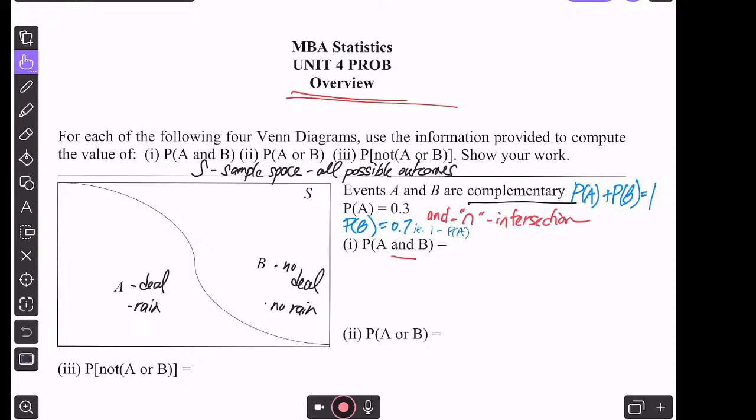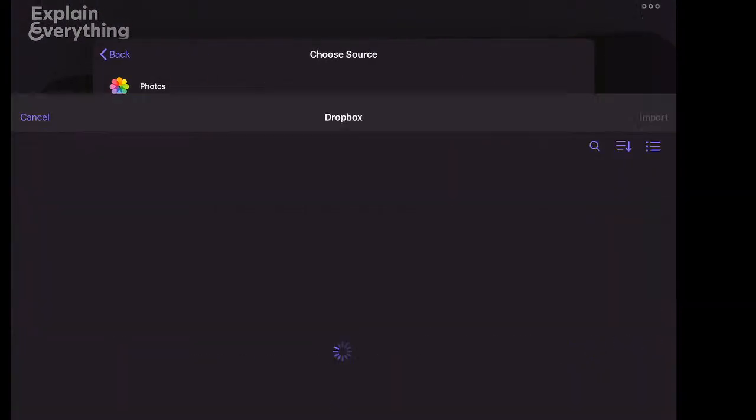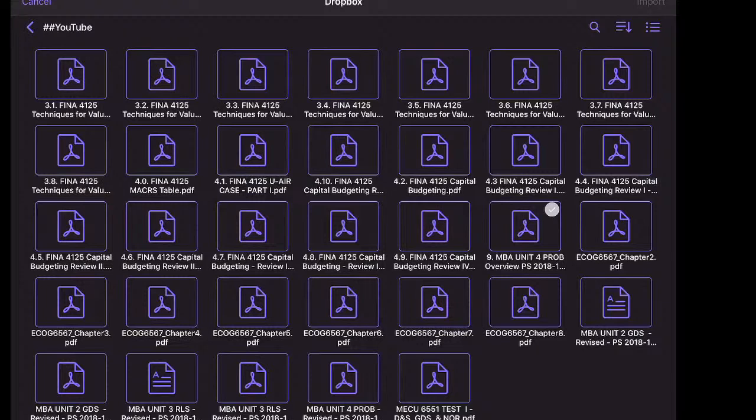Okay, so you can get this in the probability notes as well. My file. There it is.